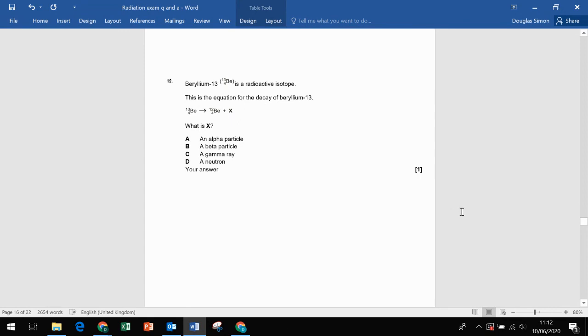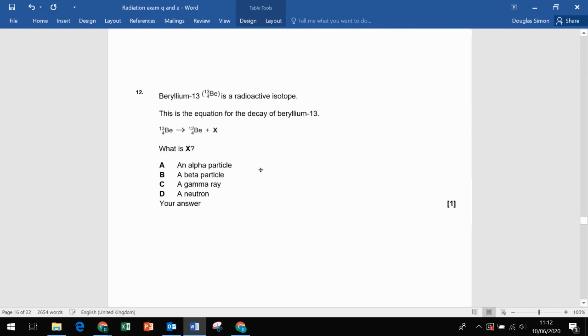Question 12. Beryllium-13 is a radioactive isotope. This is the equation for the decay of beryllium-13. What is X? This question is interesting because it's trying to catch you out. So, what are the differences between the numbers? The bottom is 0 and the top is 1.